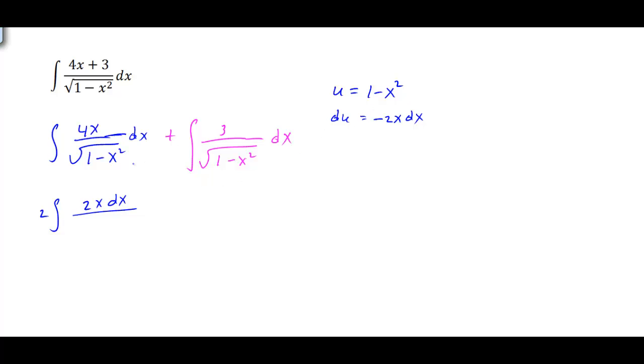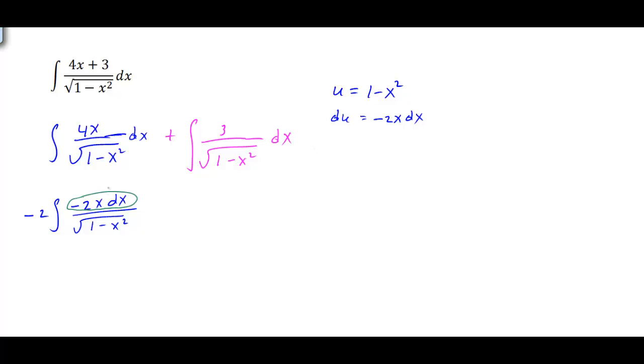And then we need a negative, so I'm going to multiply by a negative on the inside and then a negative on the outside. And then on the bottom, we're still left with the square root of 1 minus x squared. And what do we have at this point? Well, negative 2x dx, that is all our du.